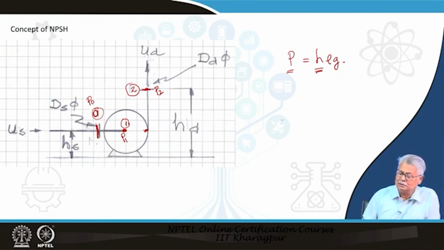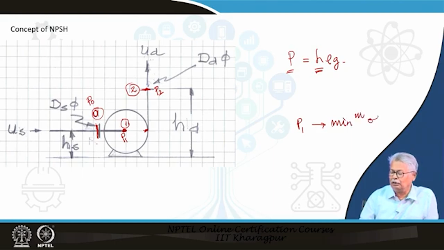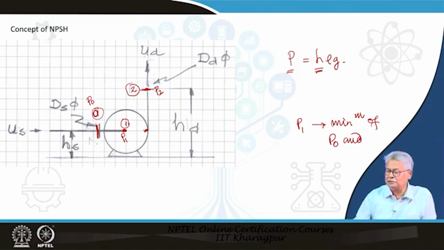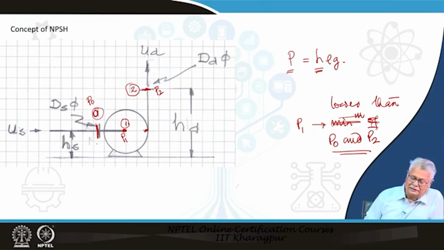The expected minimum pressure is P1, which is lower than P0 and P2. That means from this point to this point it flows by pressure gradient.